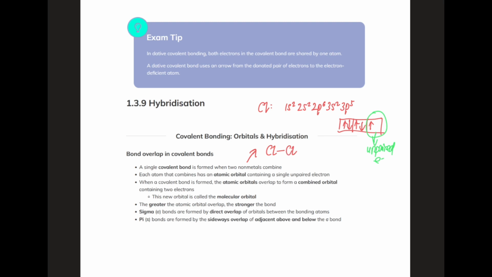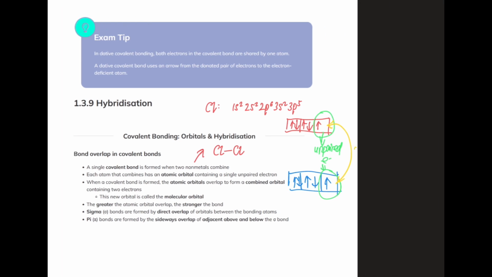Imagine you have another chlorine, you have 3p5 also, 1, 2, 3, 4, 5. So this one has an unpaired electron as well. So these two overlap. When they overlap, we call it a combined orbital containing 2 electrons.